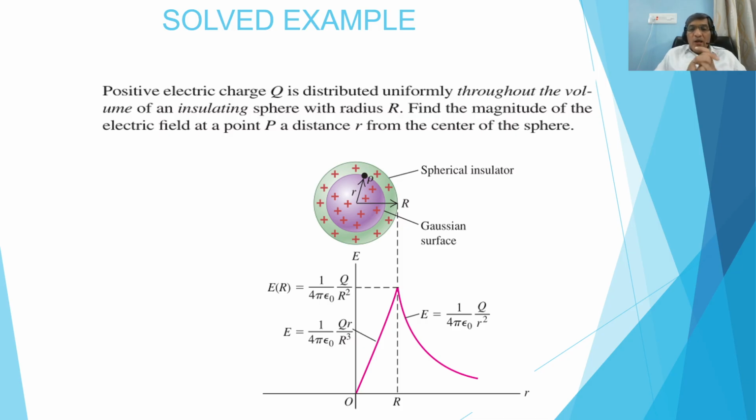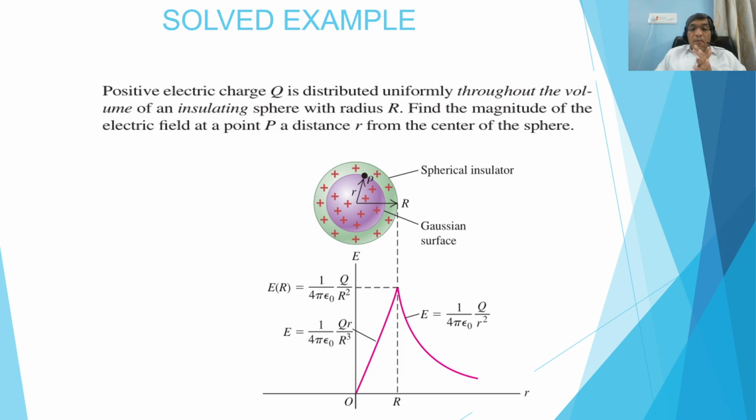Now we are talking about the point which lies inside the radius of the sphere. As you see, its value is E(R). E(R) equals capital Q divided by 4 pi epsilon naught R squared.